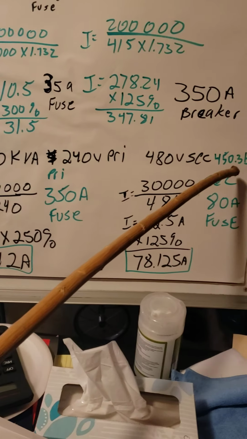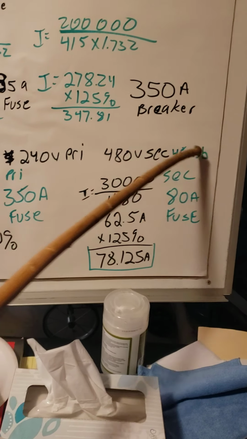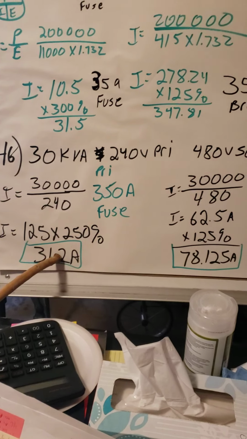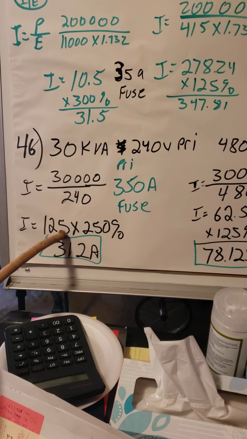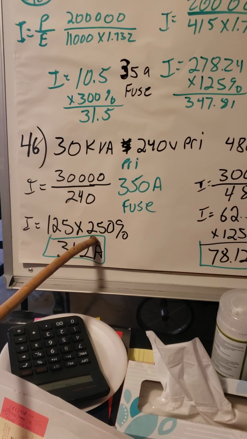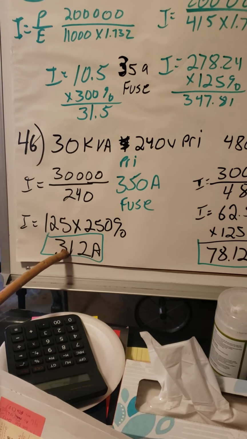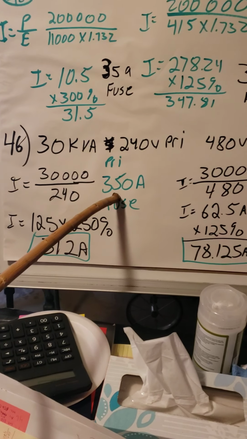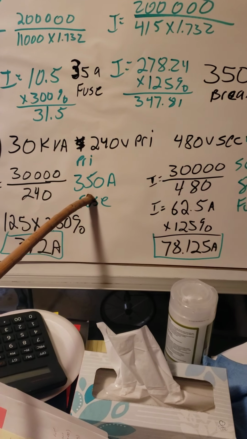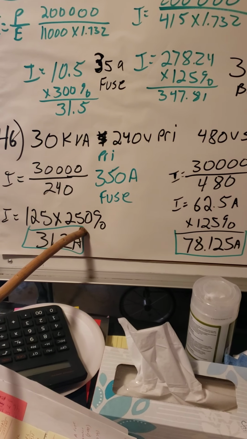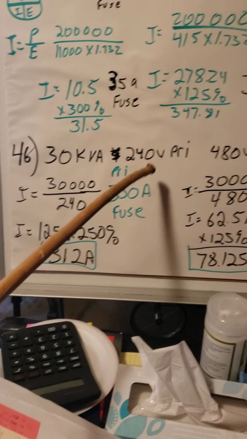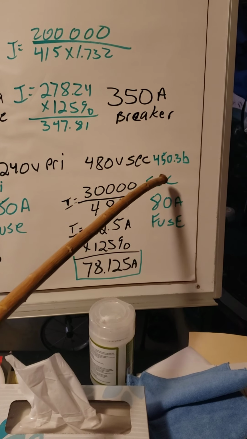Again, I'm going to 450.3B. I have a primary and secondary. So I'll get the 125 amps multiplied by 250%, which comes to 312. I'll be using a 350 amp fuse. Multiplier is 250% off of table 450.3B.